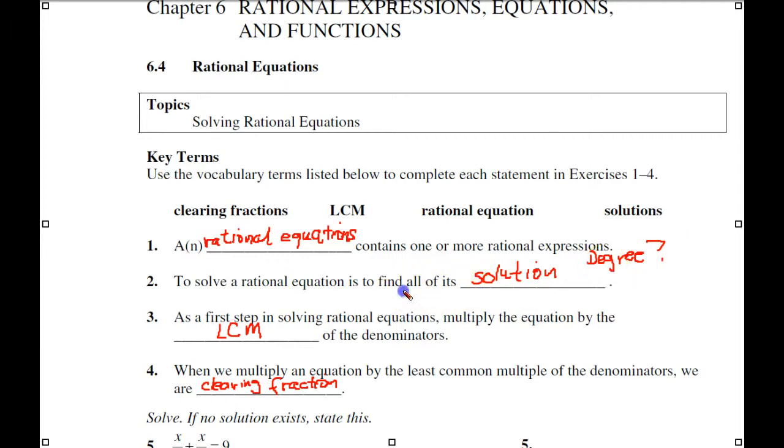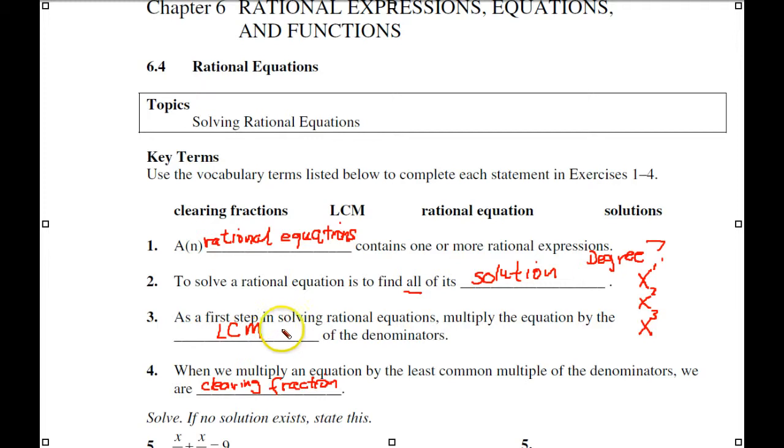Now, when we say all here, if we have an equation that's to the first degree, we're going to get one answer. If we have it to the second degree, we'll get two answers. Equations to the third degree, you're going to have three answers.